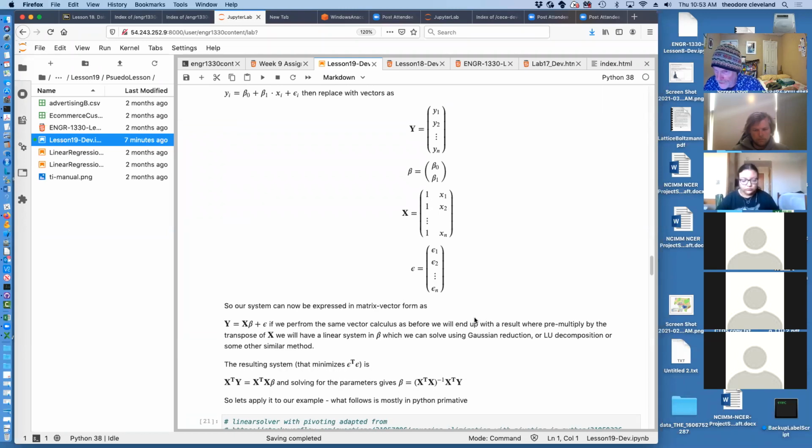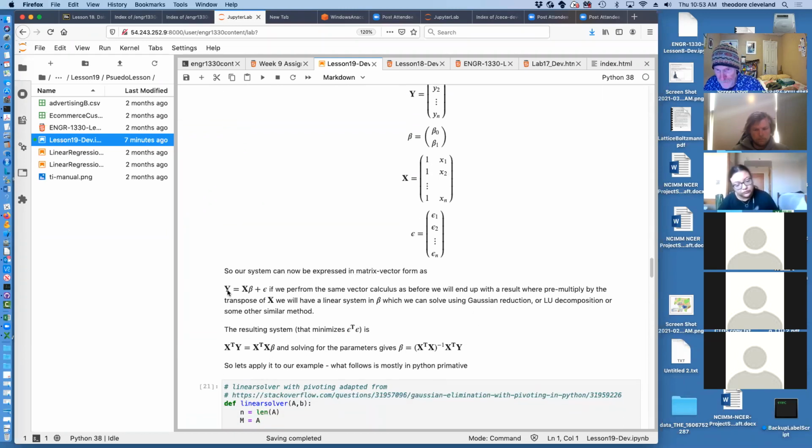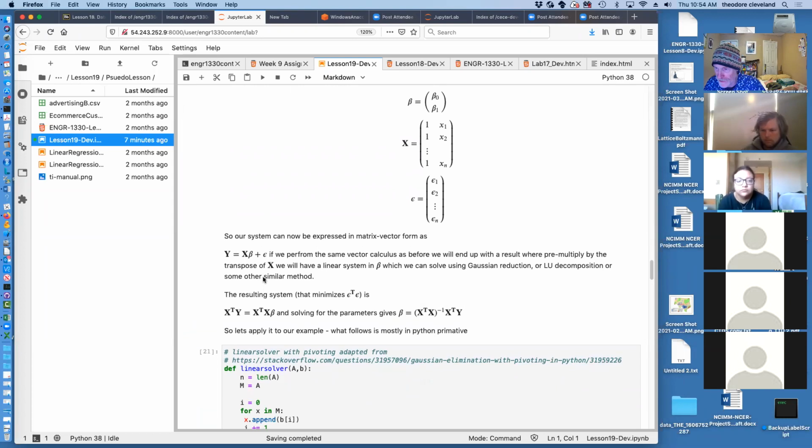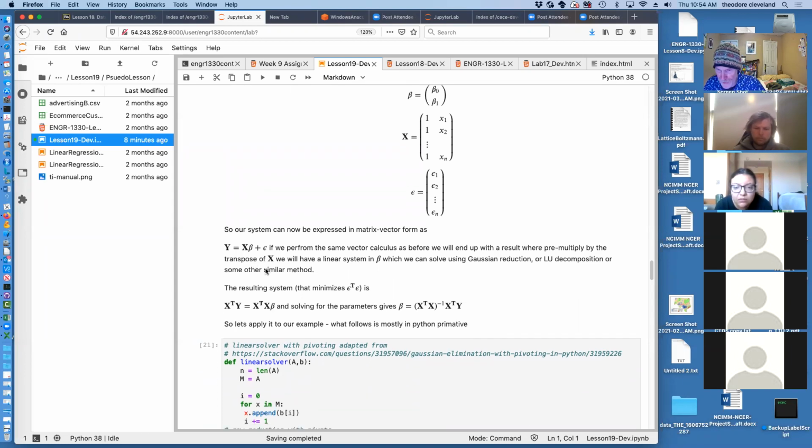So now if we rewrite our system in vector matrix form, we can write cap Y is equal to cap X times beta, the vector, plus error, the vector. And now we'll perform the same calculus as before, except we'll do it by vector calculus. It turns out that if we pre-multiply by the transpose of the design matrix X, we'll have a linear system in beta, which we can solve using Gaussian reduction, LU decomposition, or any other equation solving method.